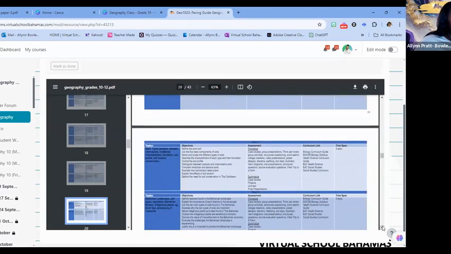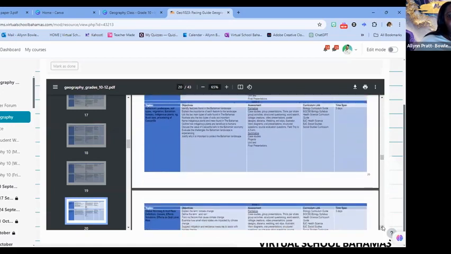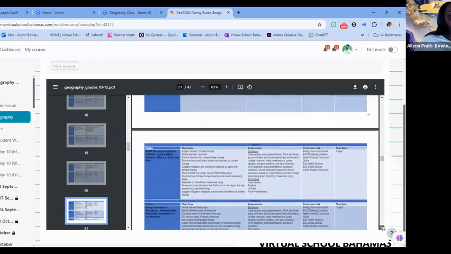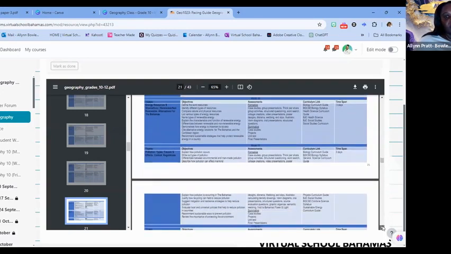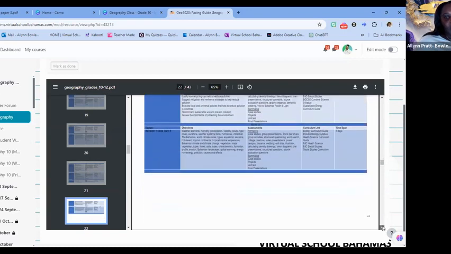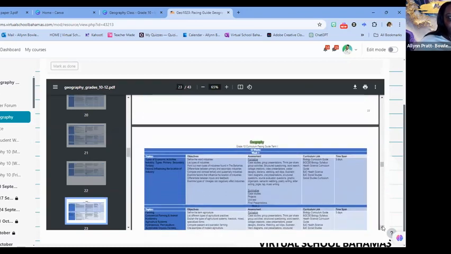Then we do soils, chernozem, podzols, rendzinas, laterite soils. Then soils that we have here in the Bahamas. We do global warming. We do energy resources, pollution. And that will bring us to term 1 of grade 12.